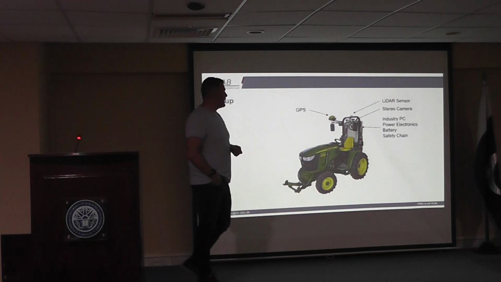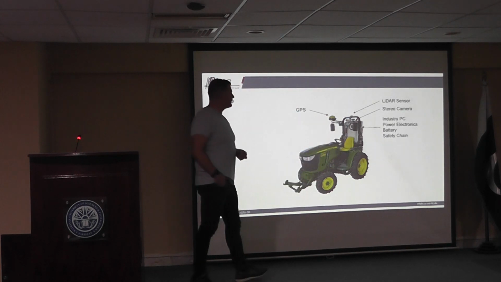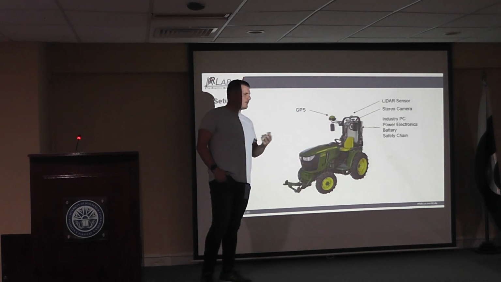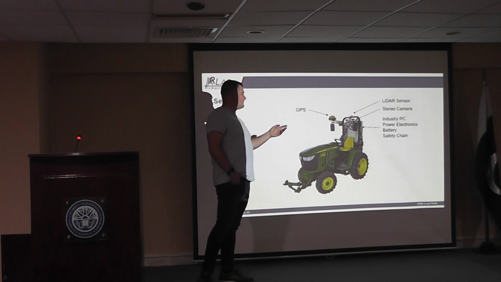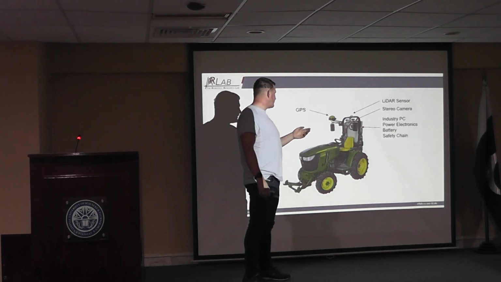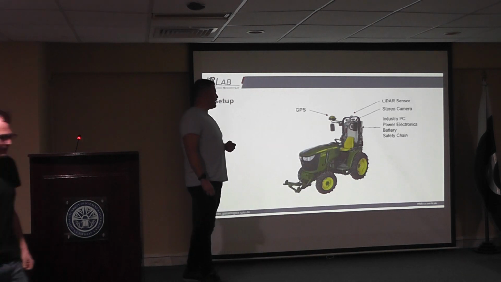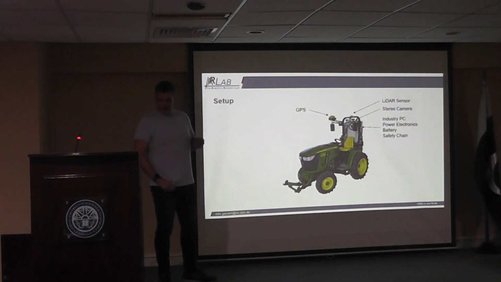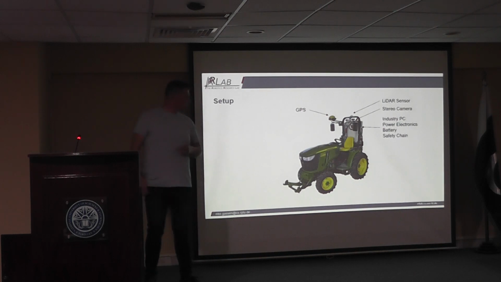Here in the back we got a box where all the electrical stuff is inside, so power electronics and the battery to power this system, because it's relatively power consuming compared to the power which the battery of the tractor itself delivers. And of course we have all the safety equipment in the box behind the tractor.